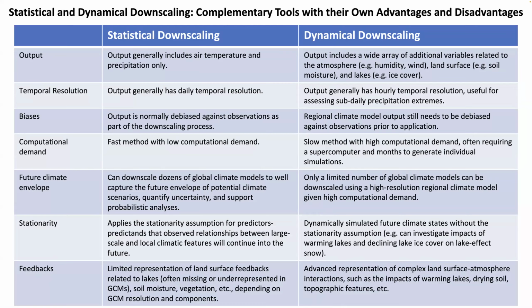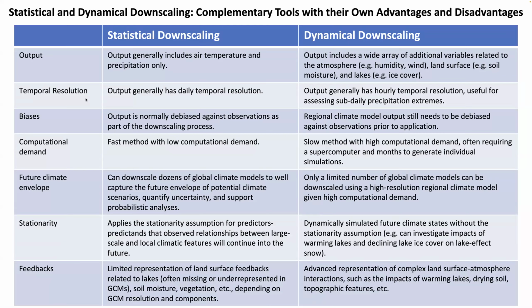In terms of output, one of the things about statistical downscaling is that it mainly just provides air temperature and precipitation, which for some purposes is enough. But with dynamical downscaling, the regional climate models produce a whole bunch of other variables that you might be interested in. Maybe it's humidity, maybe it's wind, soil moisture, ice cover on lakes, and whatnot. So that is an advantage of dynamical downscaling.